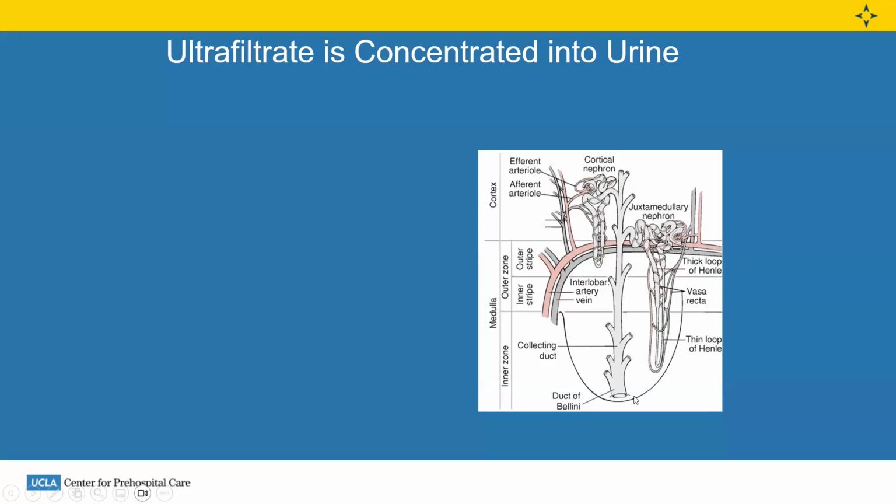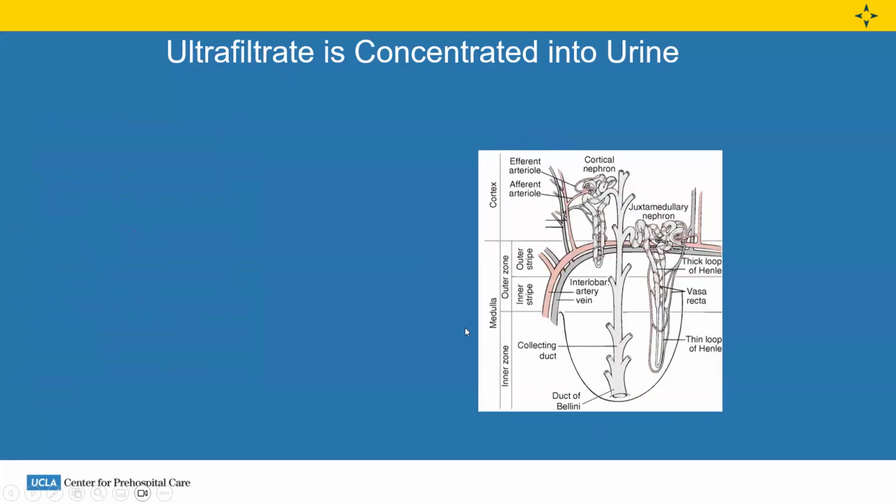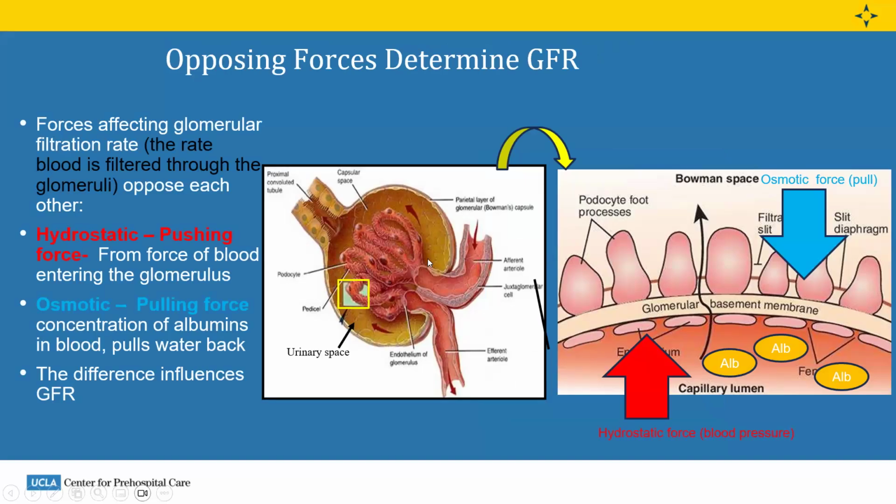So when we initially filter our blood plasma, that fluid that initially comes out and is collected in Bowman's capsule and then exits the proximal convoluted tubule, that first filtrate is called ultrafiltrate because it hasn't had the chance for us to modify it at all.